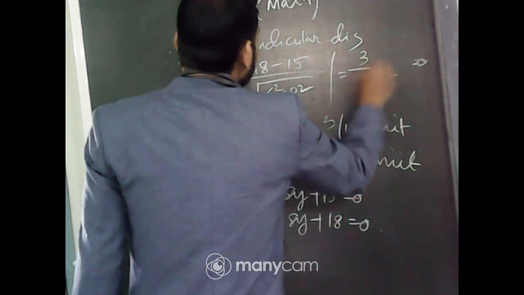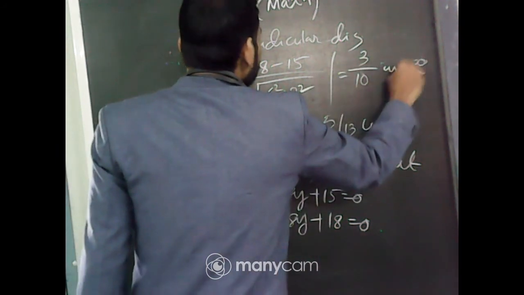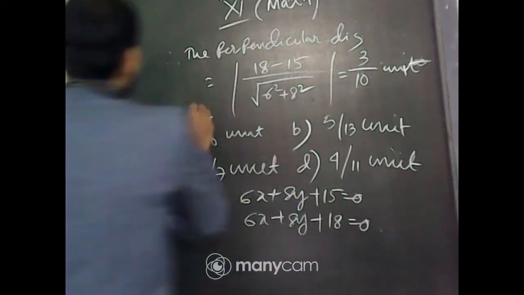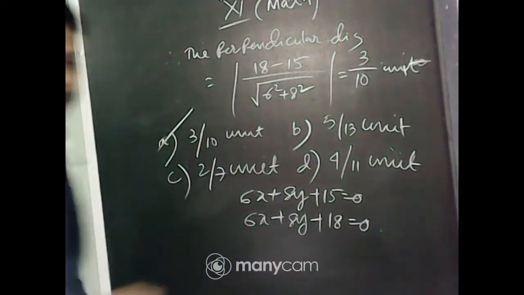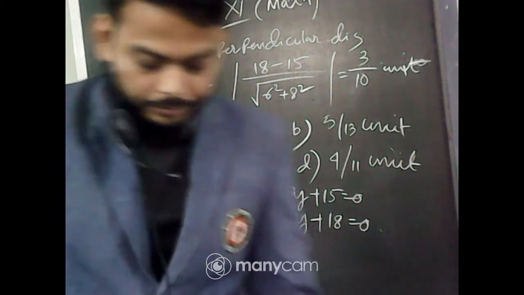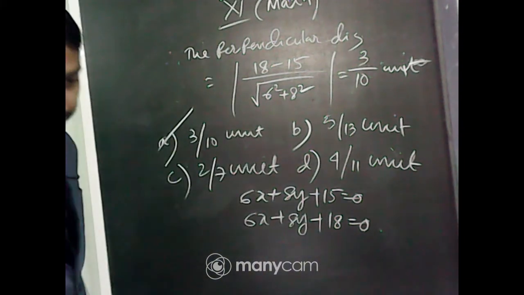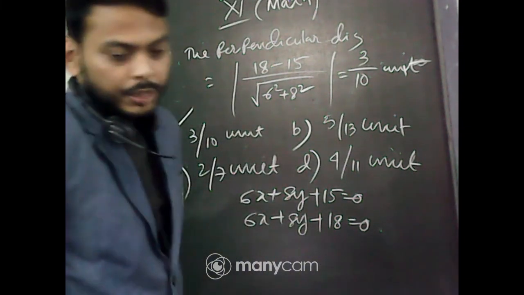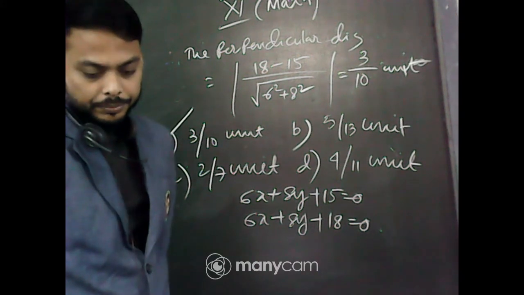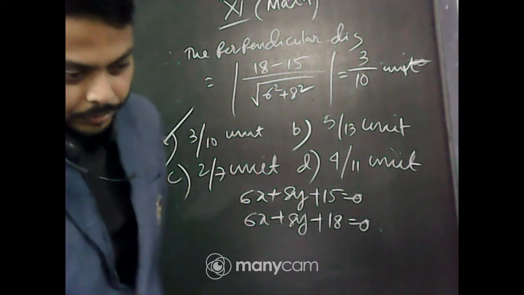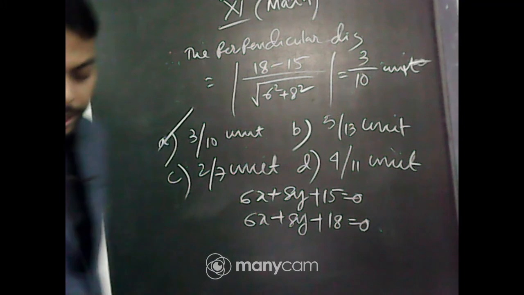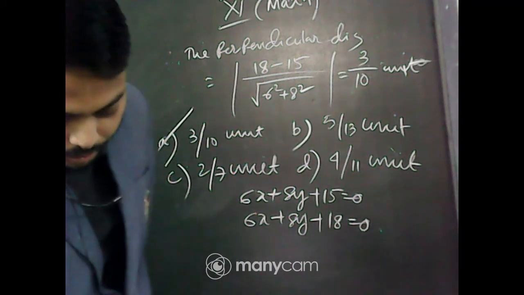That means 3 by 10 unit. That is option A. Isn't it? This is the formula. Two lines are parallel here, and that is the formula.